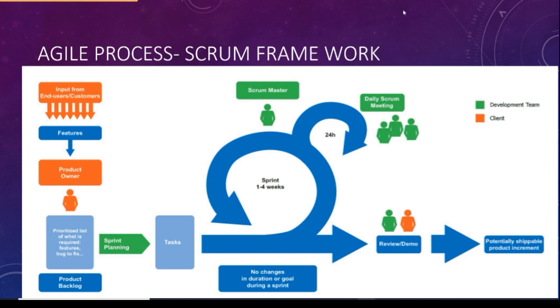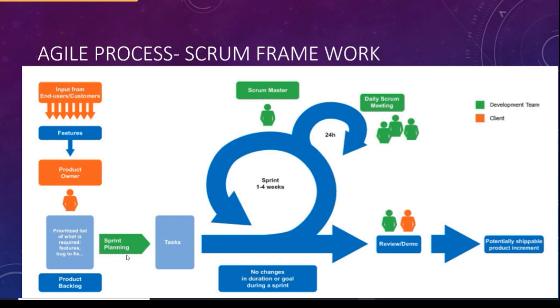The scrum master is responsible for every impediment, and if there is any impediment, the scrum master can solve it. The product owner is responsible for the product backlog. Whatever inputs come from the customer, the product owner is responsible for creating the backlogs, and by prioritizing the backlog, he or she will create the sprint backlog.